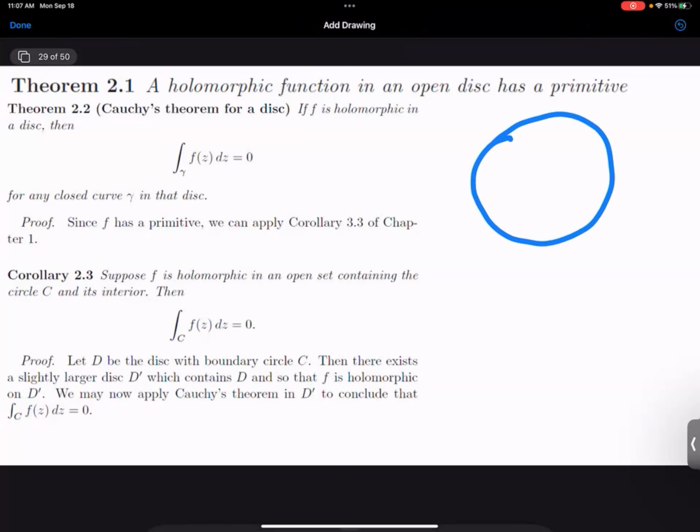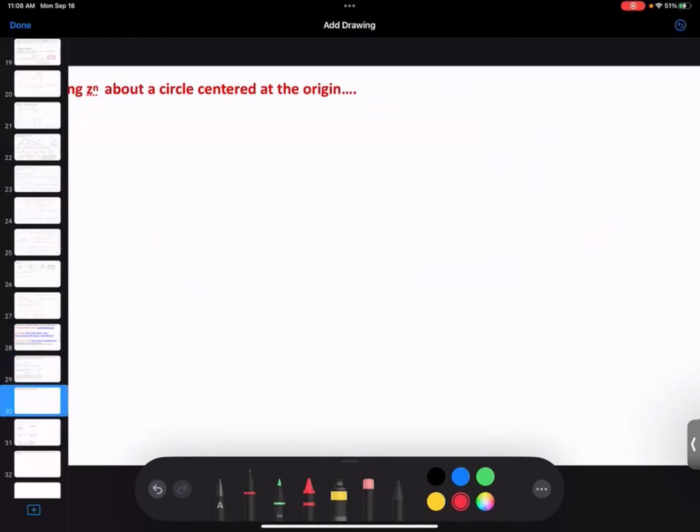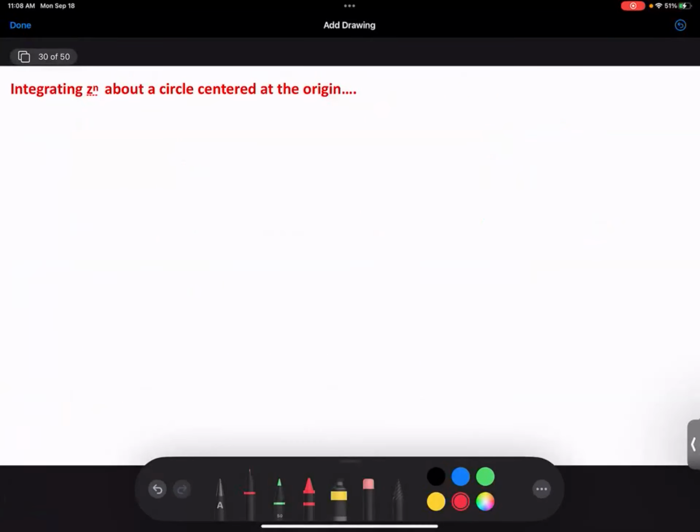Here is our circle, and we have some curve, gamma inside that circle, and we are looking at integrating f over that. So the integral of f over this curve gamma, and we've talked about how you would do that by parametrizing things.